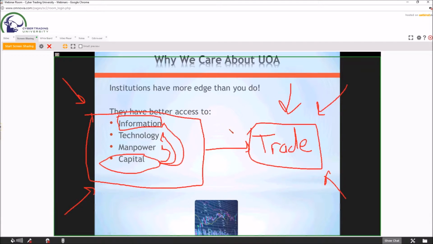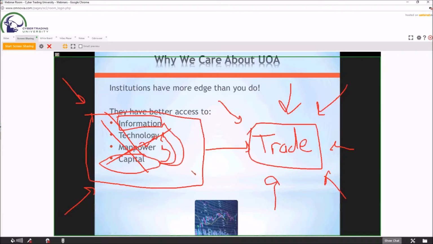That's their whole business. The only reason they exist is to make trades and generate abnormal profits for their customers or for their principals. So if I can get this, the end result, the actual trade that they're doing in the open market, then I know that I don't have to have these advantages, right? Because I get the end result, which is a trade.